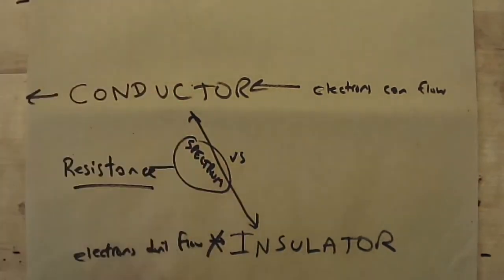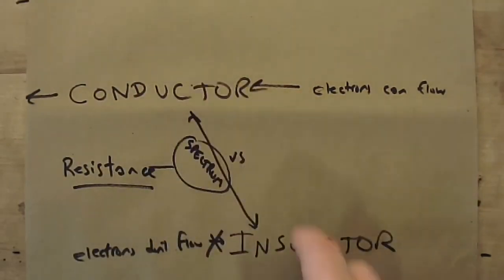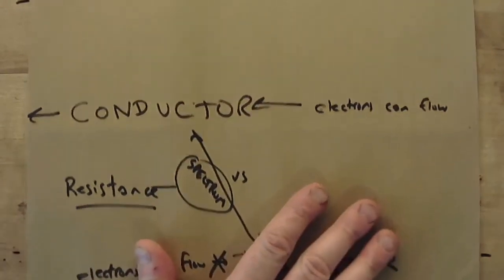Now that we've established that there is a platonic ideal on either end of our spectrum, and that is the spectrum of resistance. So now, how does resistance influence how electrons can flow? And to do that, we need to bring in a few other vocab words.